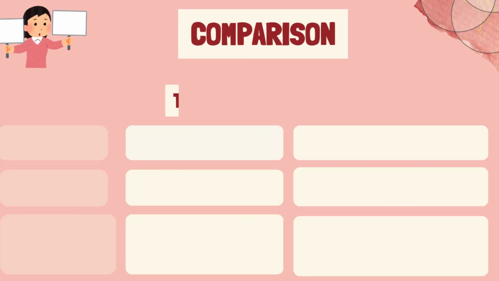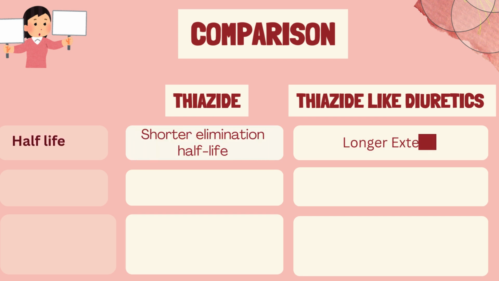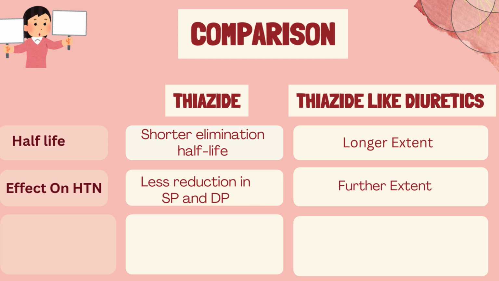So why thiazide-like diuretics? Thiazide and thiazide-like diuretics have the same mechanism of action. Our class of interest has a longer elimination half-life compared with thiazide type. It has been shown to exert additional pharmacological effects, which differently affect cardiovascular risk. In the meta-analysis of blood pressure reduction, thiazide-like diuretics seem to further reduce systolic and diastolic blood pressure.